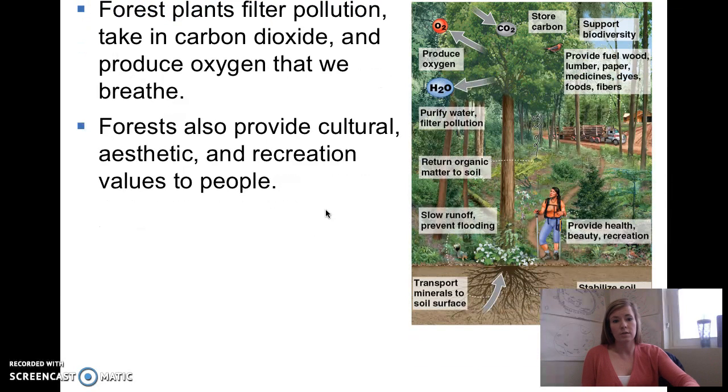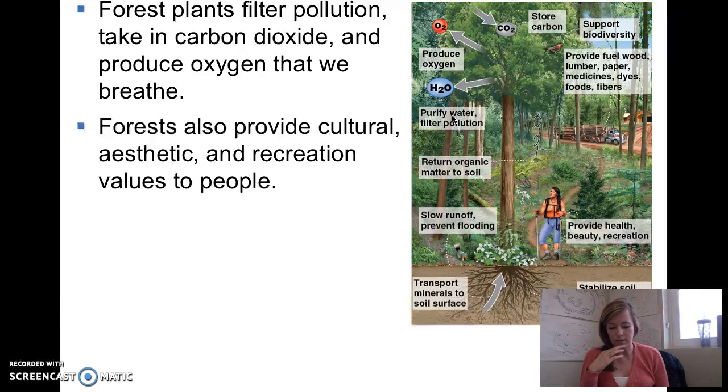Also, forest plants. In addition to those sorts of things, the plants are filtering pollution as they do photosynthesis. They're taking in carbon dioxide and releasing oxygen, so they are cleaning the air. They're storing carbon. They purify water as they take up water through transpiration. So as they take up water from the soil, they are cleaning it as it moves through them until it leaves through the tops of the plants through transpiration.